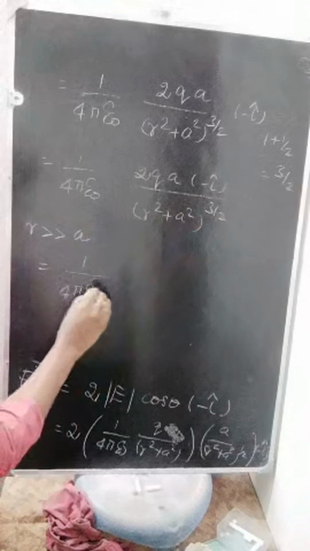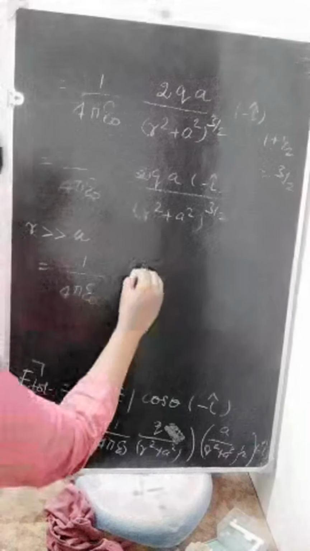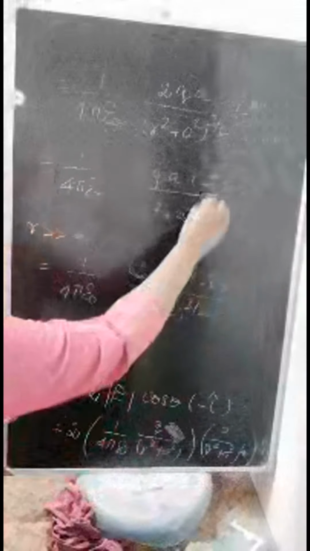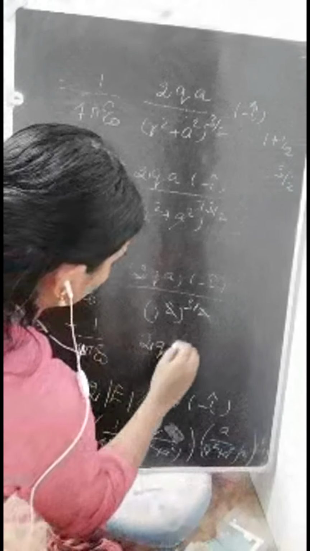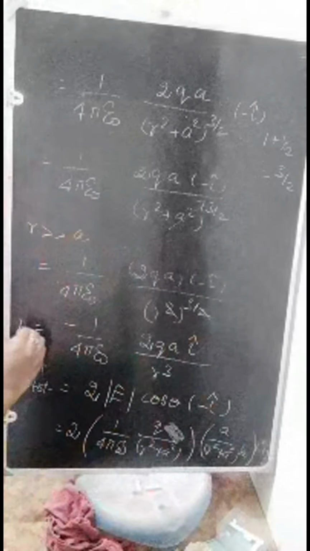So 4 pi epsilon naught, 2QA into minus i cap divided by (R square) power 3 by 2. I neglected the A. And 2 will get cancelled. So the value is minus 1 by 4 pi epsilon naught 2QA i cap divided by R cube, which is the E vector along the equatorial line.